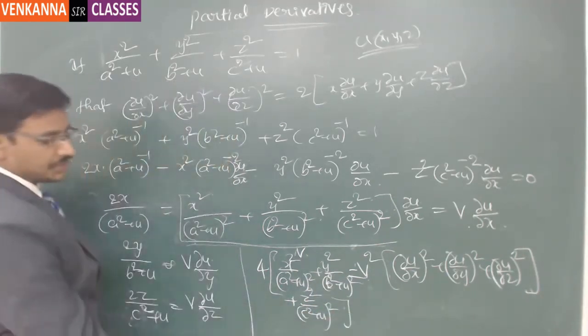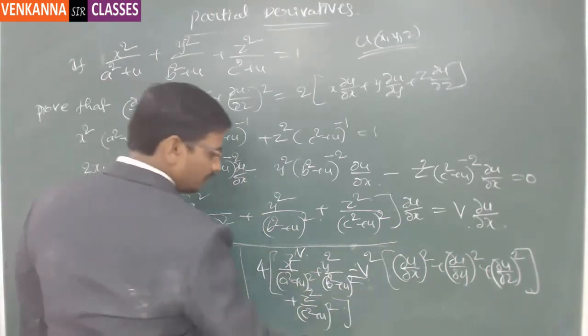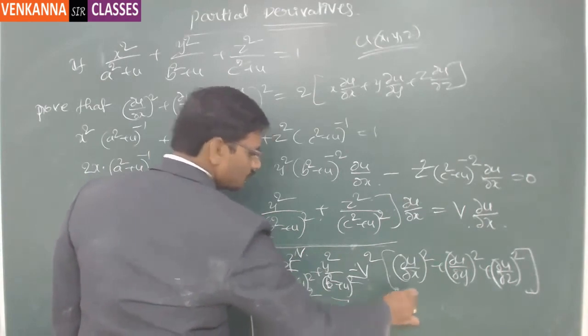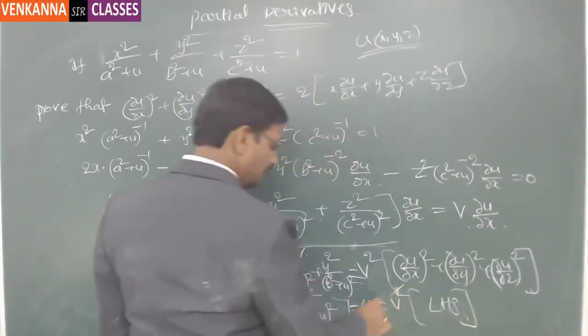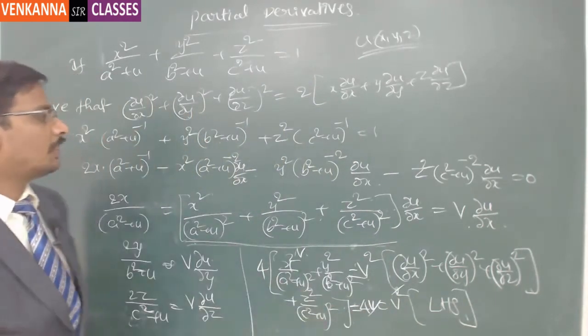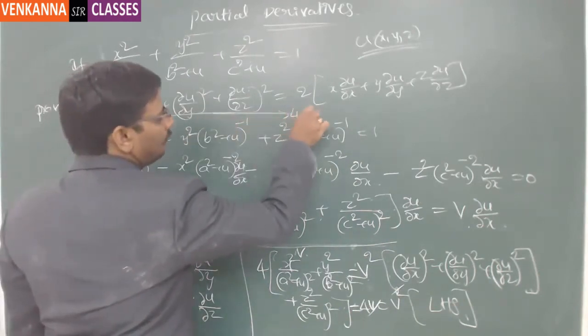Now, this is essentially what we treated as v. So 4v is equal to v² times the LHS, and this v will cancel, then the LHS will be 4 by v. So this entire part became 4 by v.